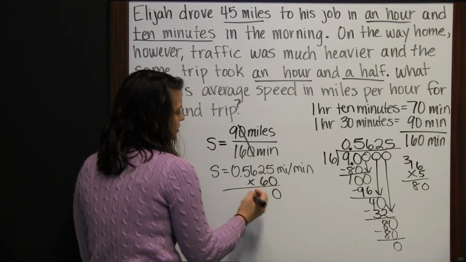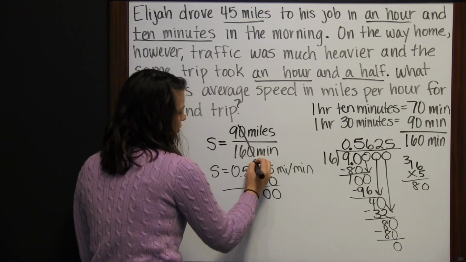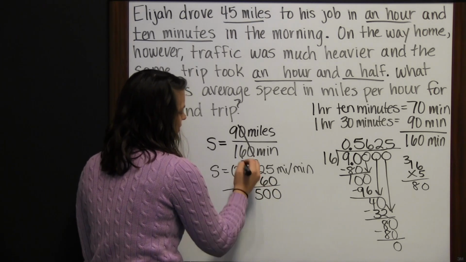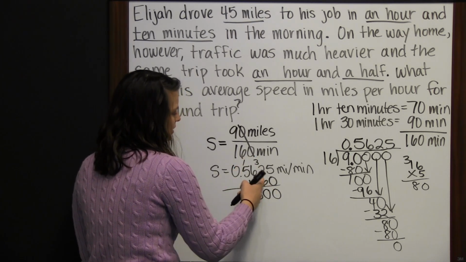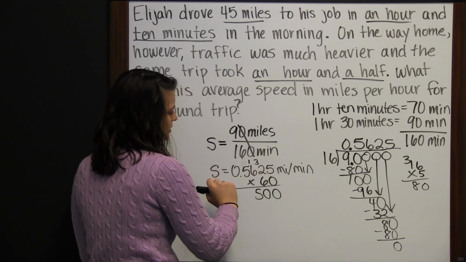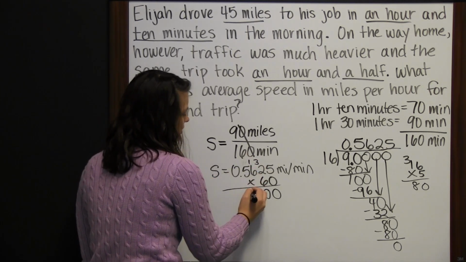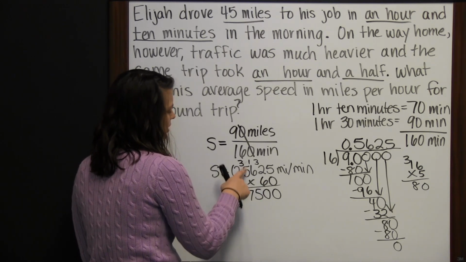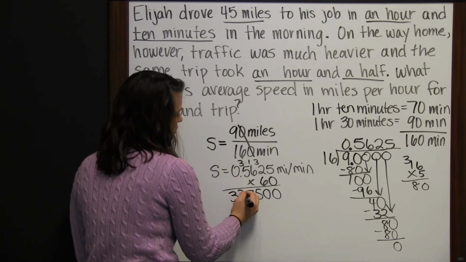6 times 5 is 30, so that's 0, carry the 3. 6 times 2 is 12, plus 3 is 15. 6 times 6 is 36, plus 1 is 37, carry the 3. 6 times 5 is 30, plus 3 is 33.